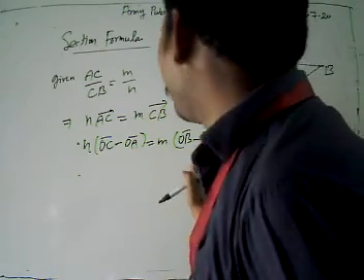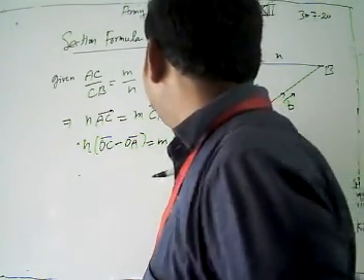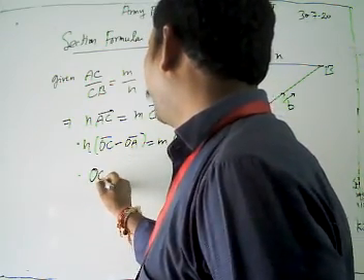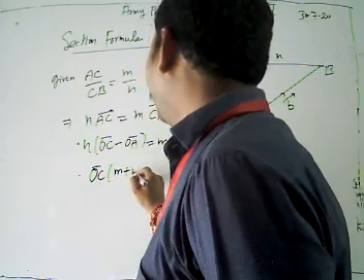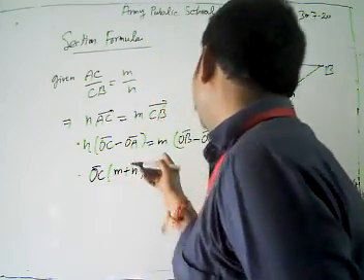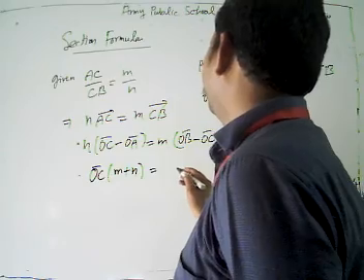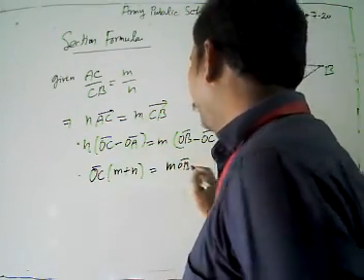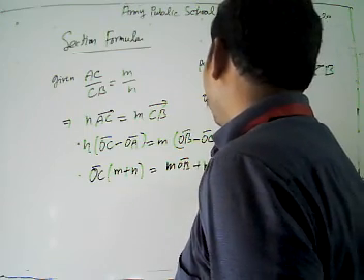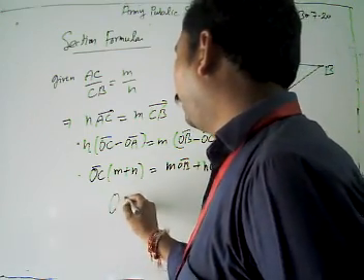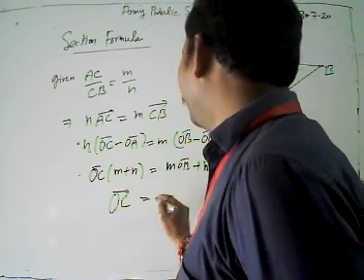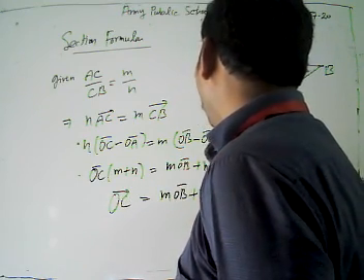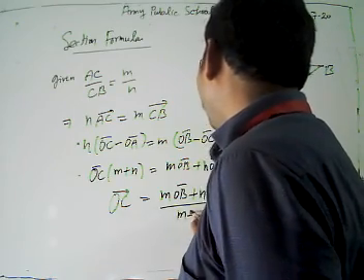Now when we solve this, we take vector OC common, giving m plus n, and on the other side we get m times vector OB plus n times vector OA. Then vector OC is given by (m OB plus n OA) divided by (m plus n).